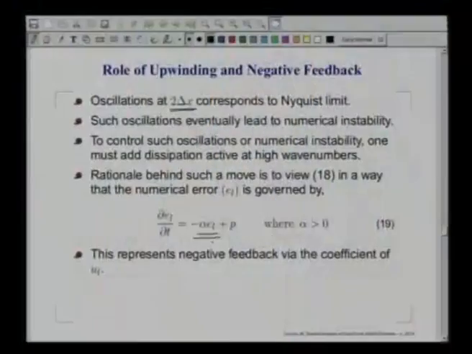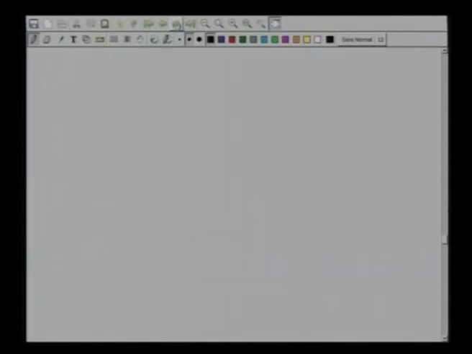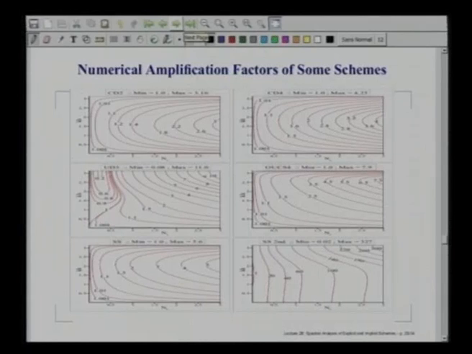That is the whole key to stabilizing schemes: you need to add a term in such a way that it provides this minus alpha of this kind, and this is what you decide by this. You can get some of these plots as shown here, the numerical amplification factor for some of the schemes: CD2, CD4, UD3 and the SS schemes that we have talked about.